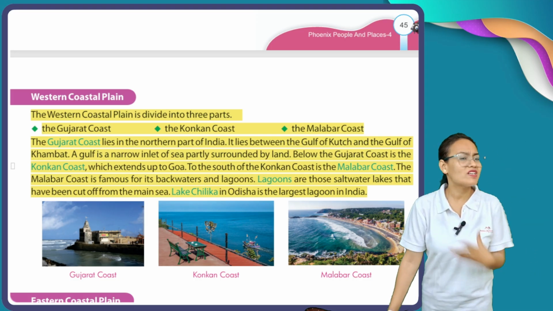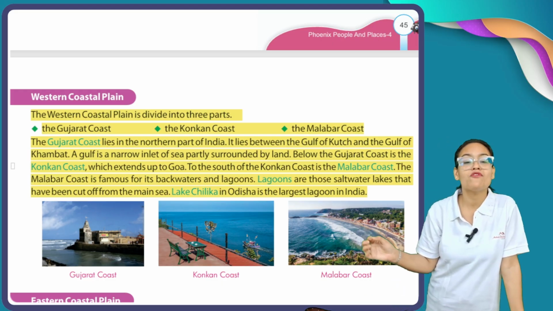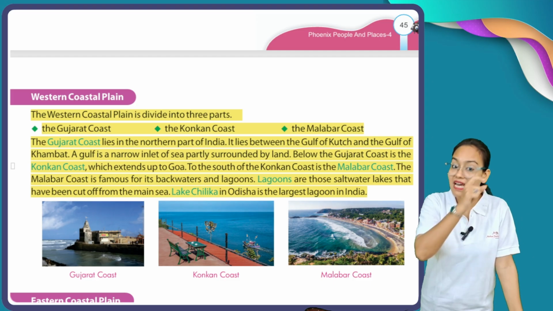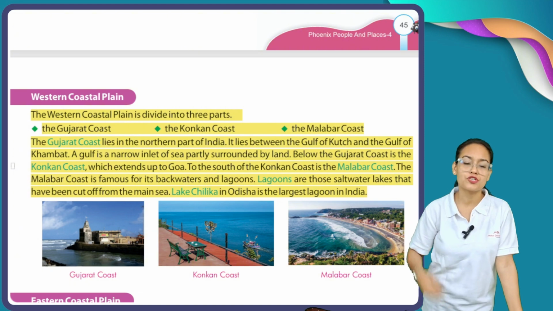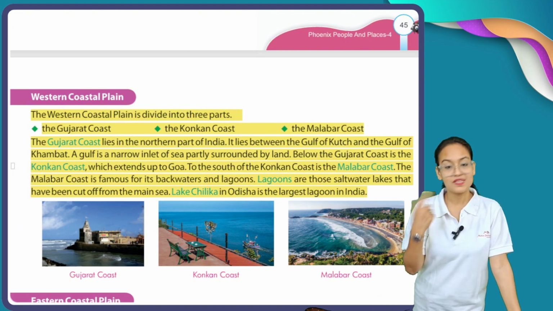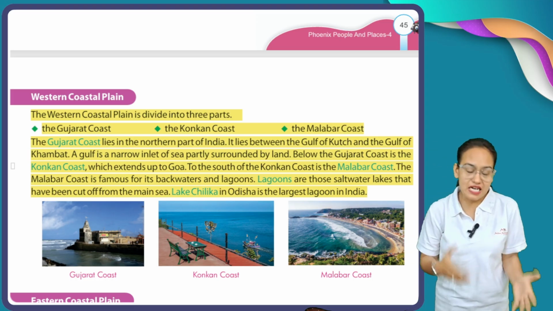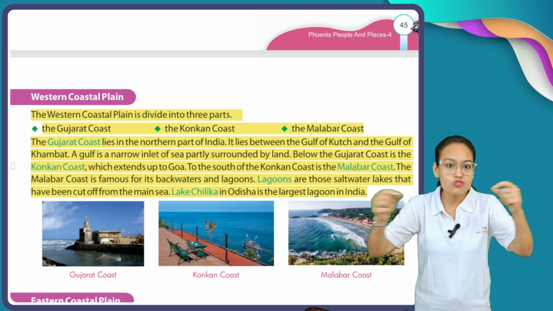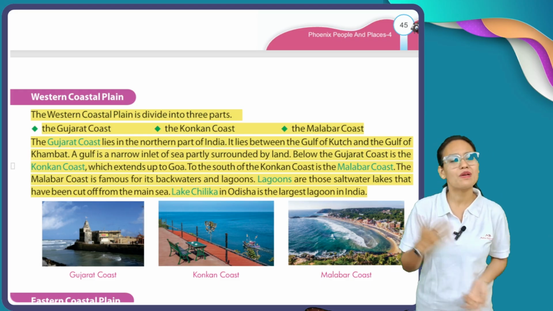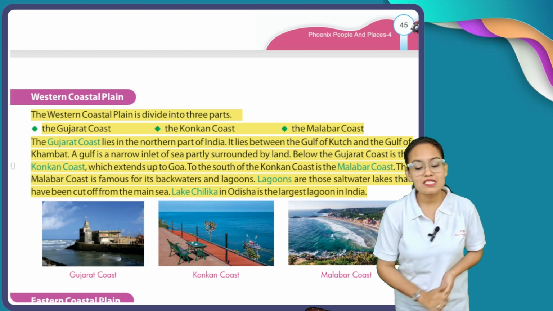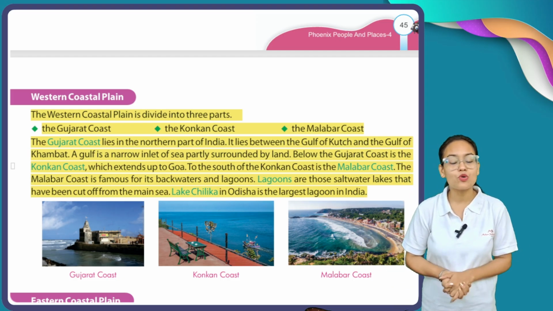What is the meaning of Gulf? Gulf is a narrow strip of seawater partly surrounded by land, maybe on one side or maybe on two sides only.